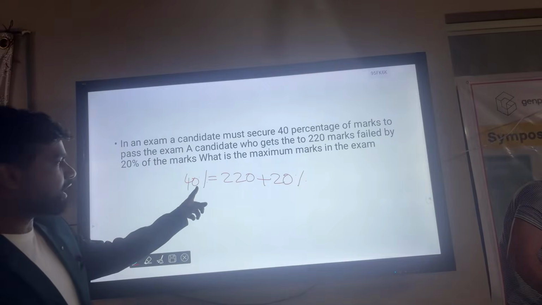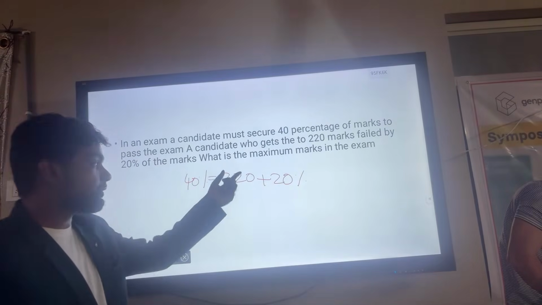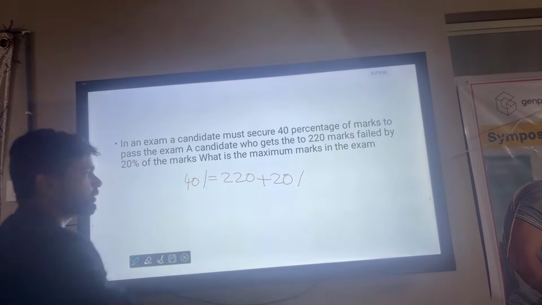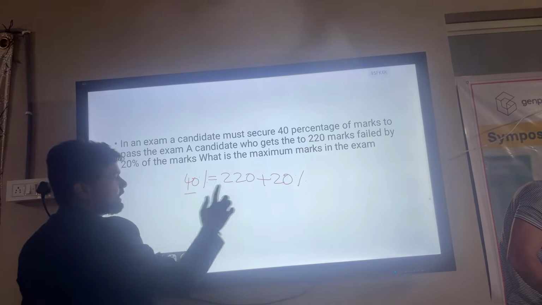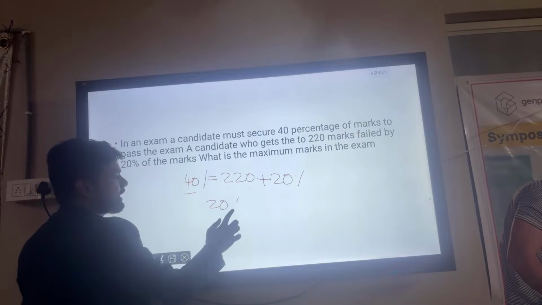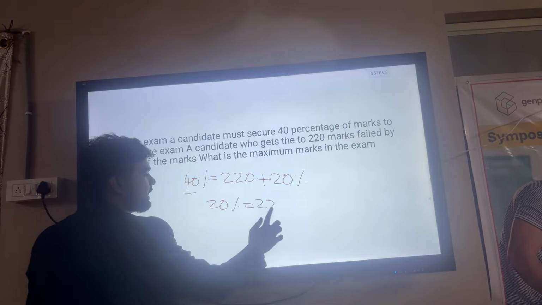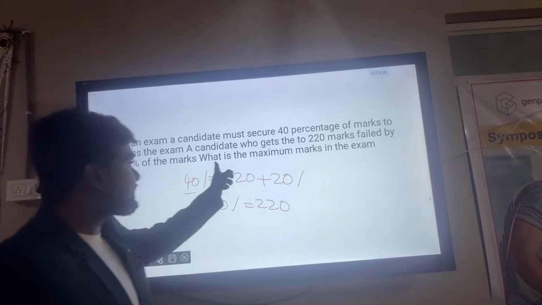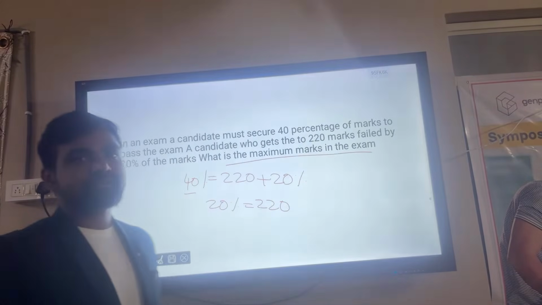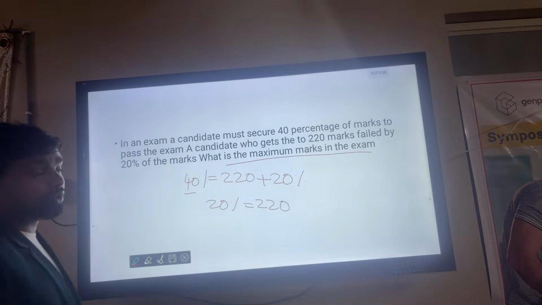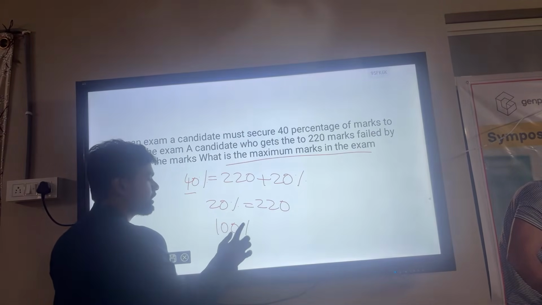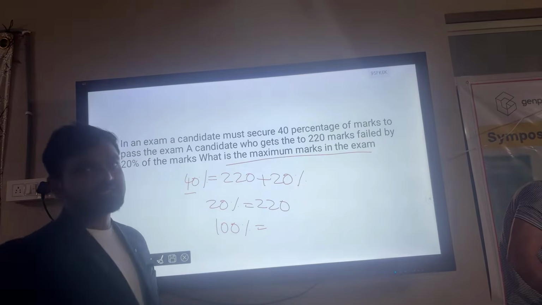If he wants to get 40%, he is supposed to get 220 plus 20%. When you bring this out of the equal sign, 40 minus 20 is nothing but 20%. 20% value is equal to 220. And the question they are asking is, what is the maximum marks in the exam? Maximum marks, total marks, is obviously 100%.